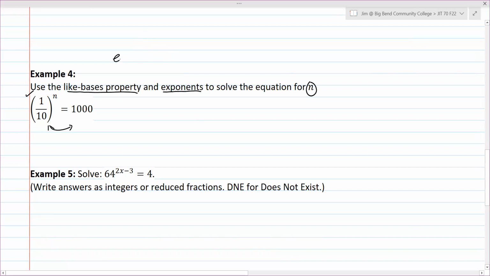And then I'll give you a quick example. So if you have 10 to the 2, the value right there is called the base, and the value right there is called the power, but it's also called the exponent. So the n is your exponent in this example, and that's what you're finding.